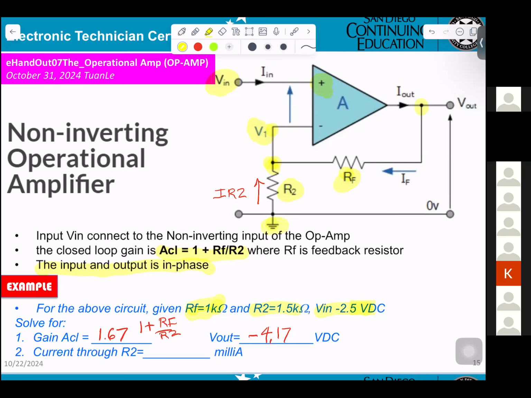Now you want to know what the voltage at V1 is.